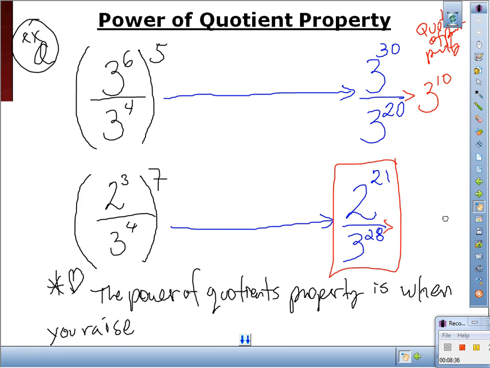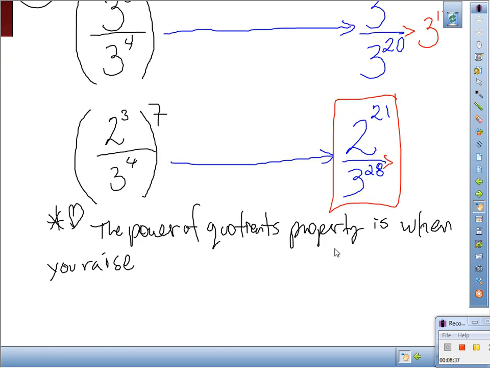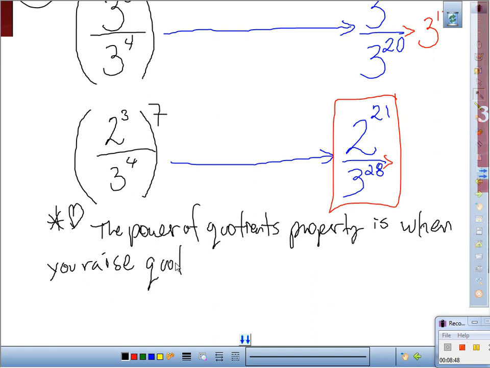So let's see, in our definition I read, the power of quotients property is when you raise what? Quotient of powers. Pass it to someone, Hunter. When you raise quotient of powers to what?